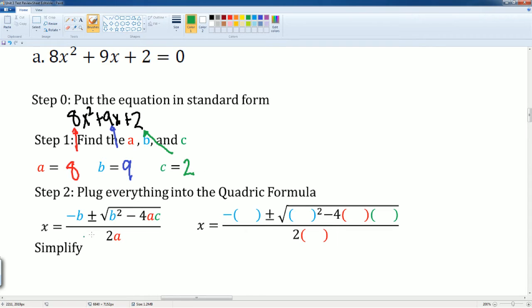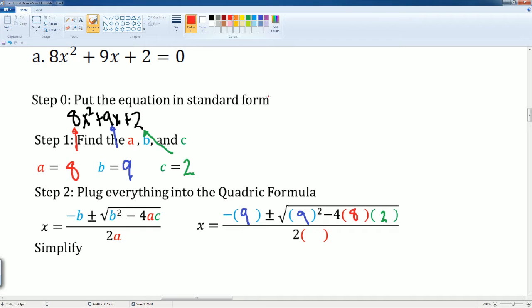Now we can plug this into the quadratic equation. Negative b plus or minus square root b squared minus 4ac, divided all over 2a. So here you have the negative b, so negative parentheses 9, plus and minus the square root of 9 squared minus 4 times 8 times 2.